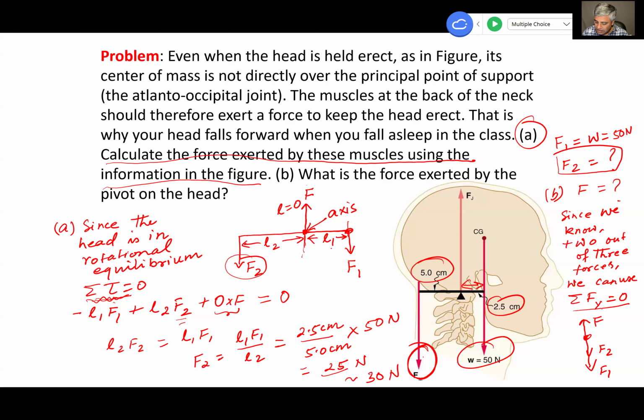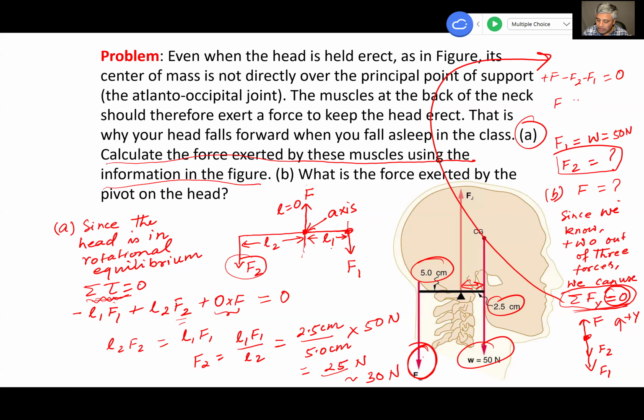To use translational equilibrium, we just replace the object by a dot and draw a free body diagram. If we say up is positive y, we can now use this equation. I'm running out of room here, so I'm going to go over there. The sum of forces has 3 forces. F is positive, and F2 and F1 are negative. The right hand side of this equation is 0, so that's why we write 0.